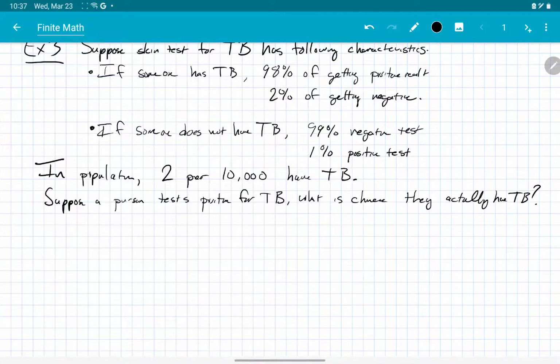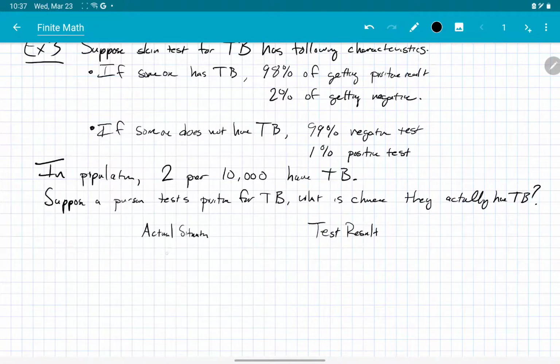Suppose we have a positive test. What is the actual chance that that person has tuberculosis? And we're going to draw a tree diagram to figure this out. One part of this diagram is going to be the actual situation, and the other part is going to be the test result.